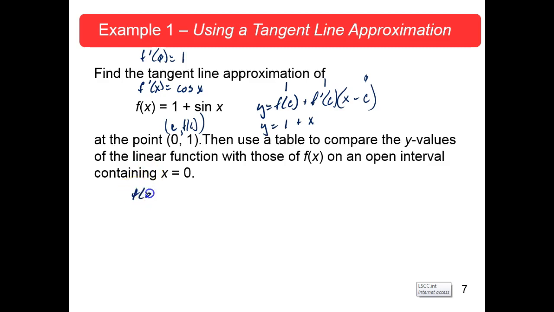F of 0.5 is going to be 1 plus sine of 0.5. If you're going to do that on your calculator, what mode had you better be in? Radian mode. Don't ever get in degree mode to do this kind of thing. Over here, I can do this one in my head: y is equal to 1 plus 0.5, which is 1.5.